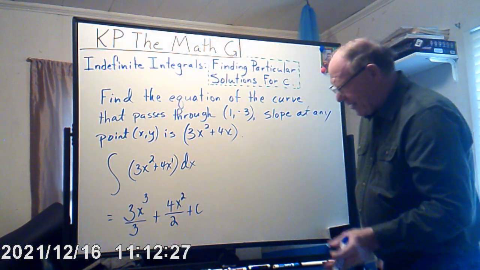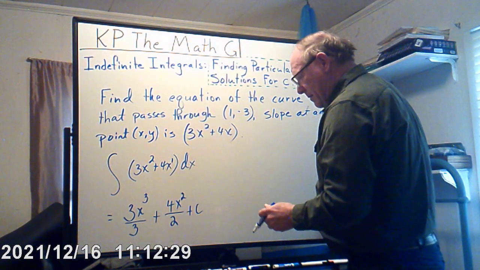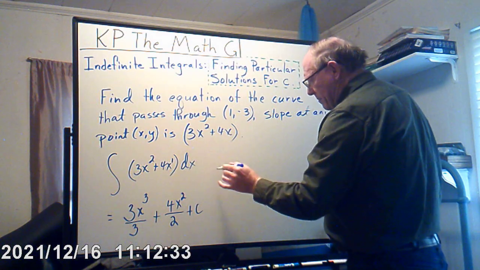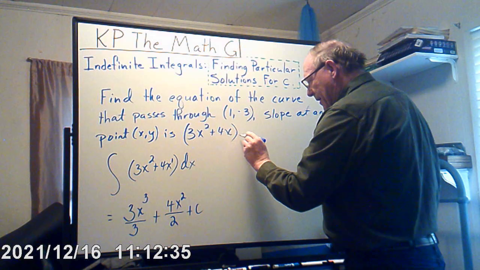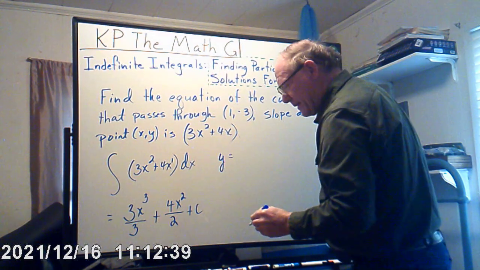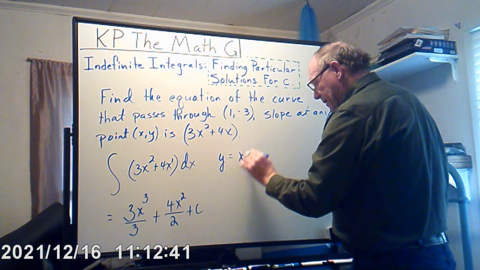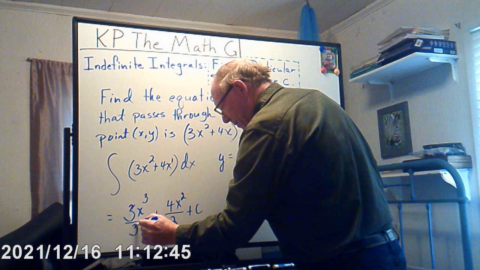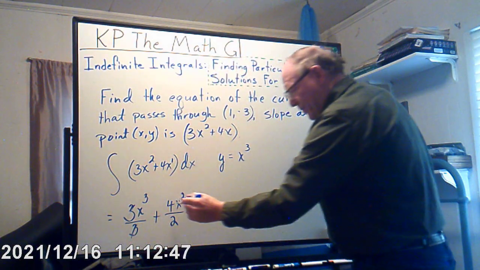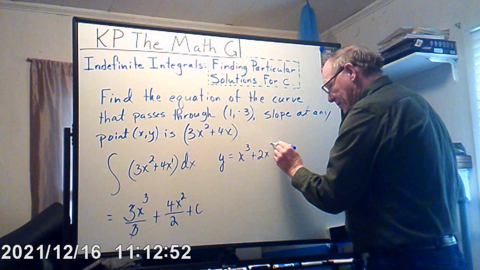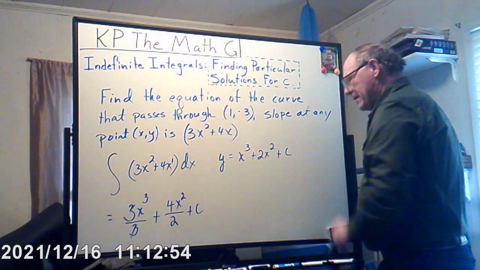I'm going to rewrite this problem now. Let's make this our equation: y is equal to x cubed, because remember the 3's will divide out, 4 divided by 2 is 2, so plus 2x squared plus c.